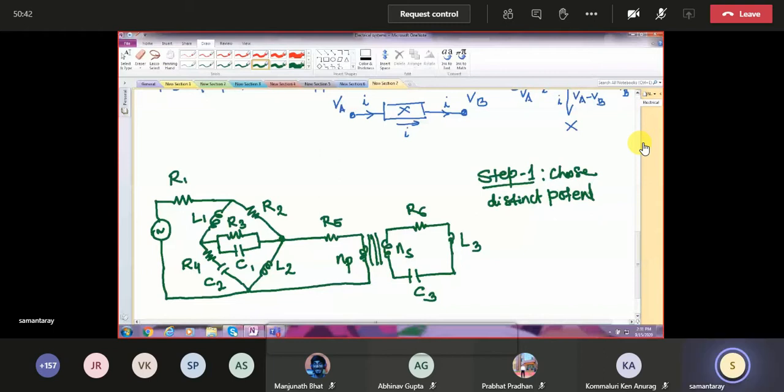Step 1 is to choose potential points. In step 2, model impedances. In step 3, include ground, and in step 4, reduce the model.